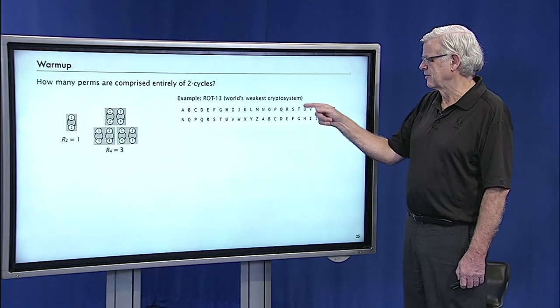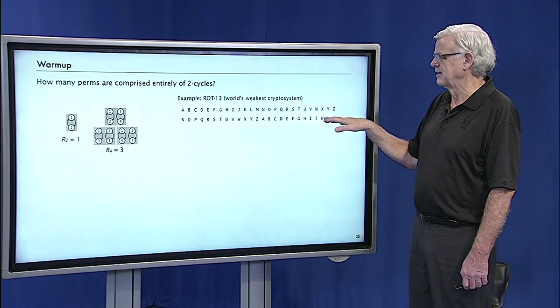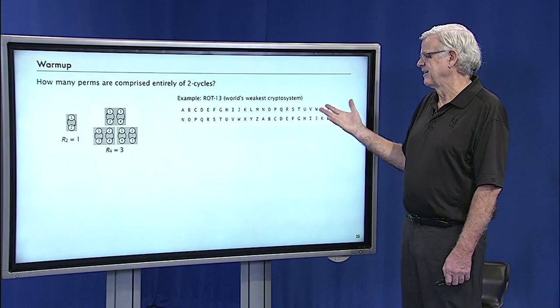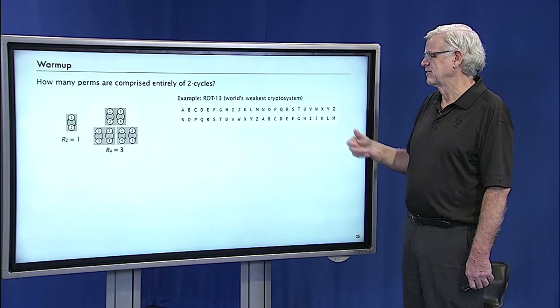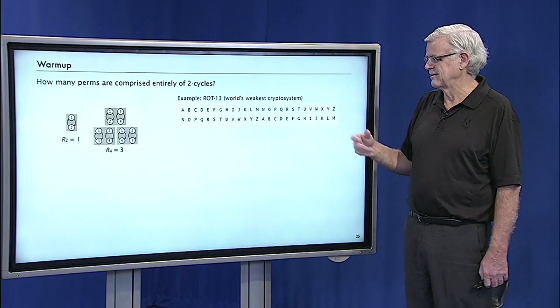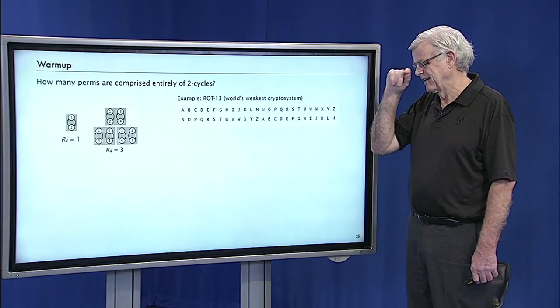So A goes to N goes to A, B goes to O goes to B, and so forth. You can read about this one on the web. It's a hacker's delight because anyone can encode or decode.